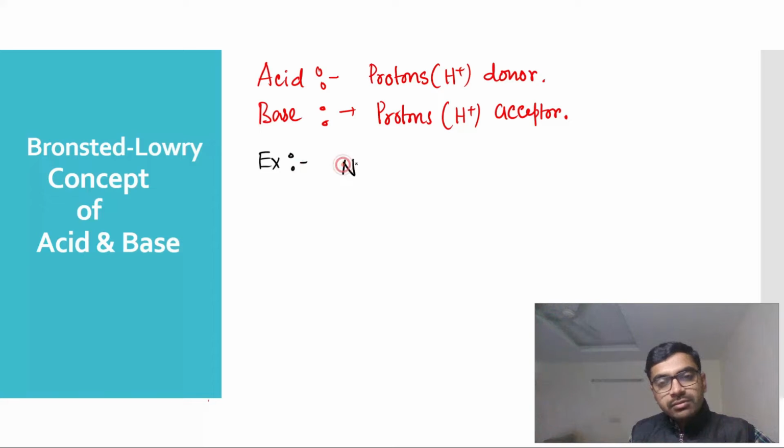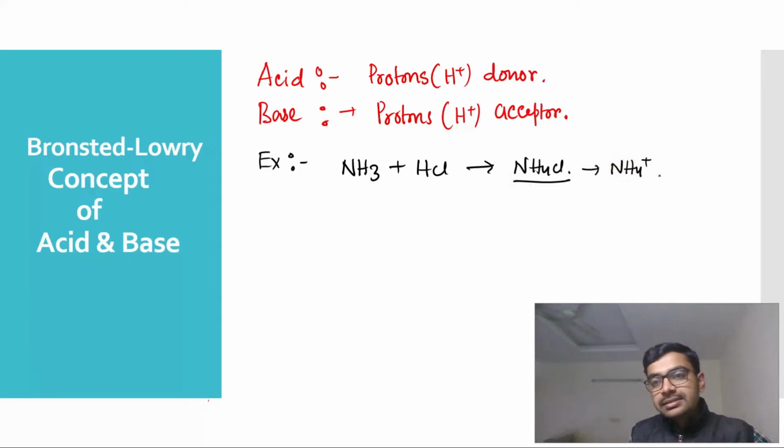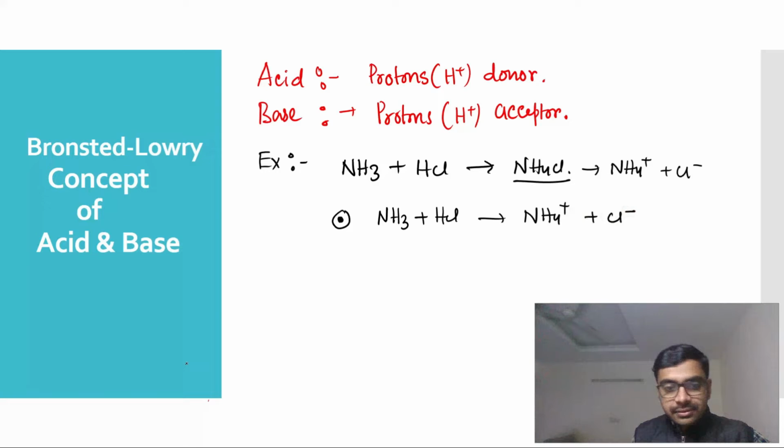Suppose one molecule, ammonia NH3, reacts with HCl, then it produces NH4Cl. Is it clear? Now this NH4Cl molecule dissociates into NH4 plus and Cl minus. That means the main reaction is NH3 reacting with HCl and giving NH4 plus ion plus Cl minus ion.